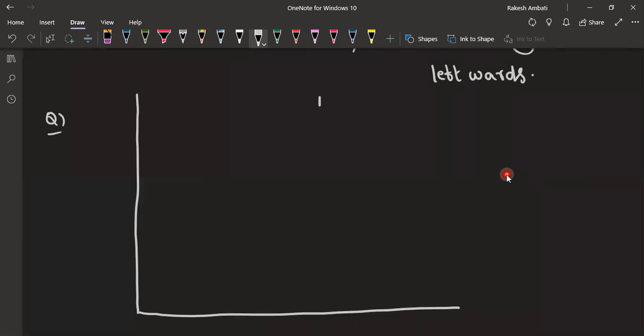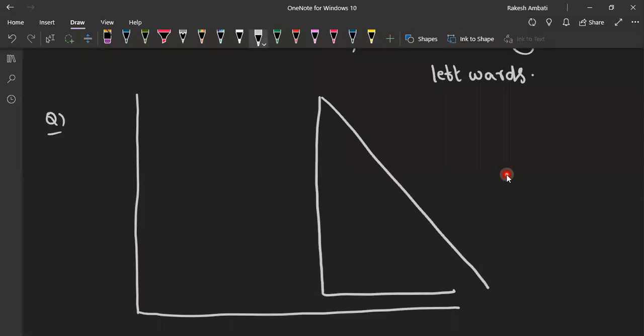For example, it is a wedge A. It is moving rightwards with acceleration A, and here it is a pulley.